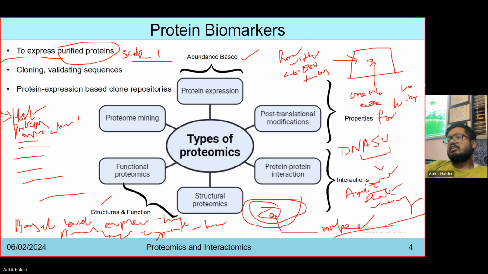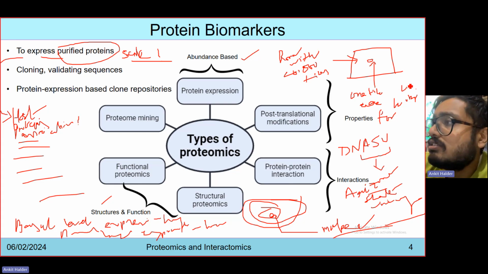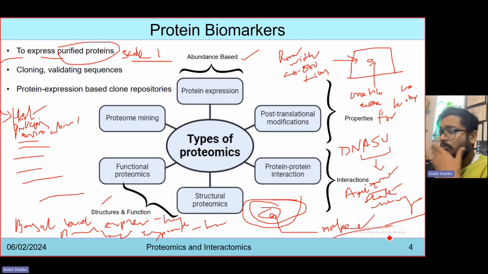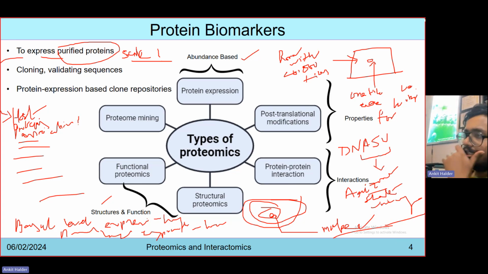I suggest you all go through it in the DNASU, where you can get the list of all the clones and the repositories and how it has been done, with what control regulations have been measured and taken, so that there is no problem associated with those particular clones and they can be easily taken forward for maintaining the expression for the particular protein.